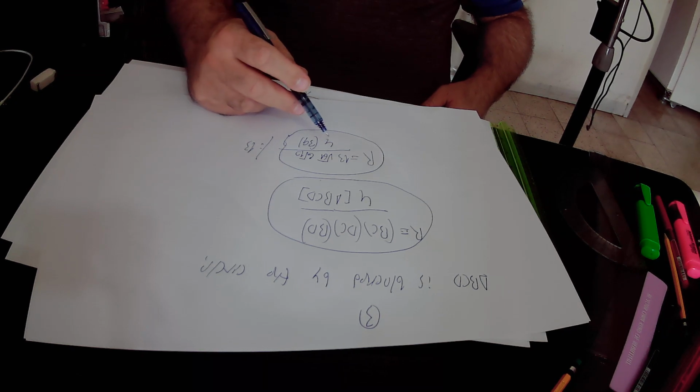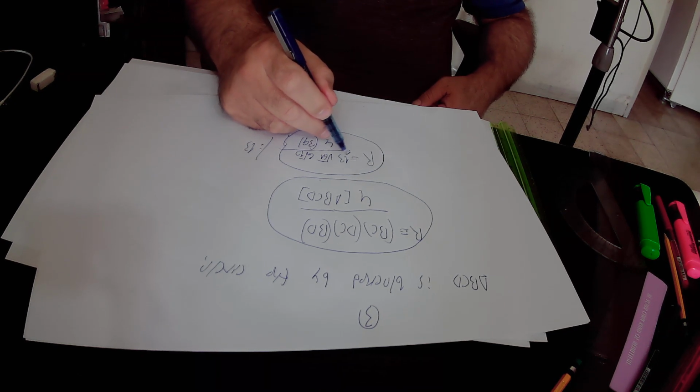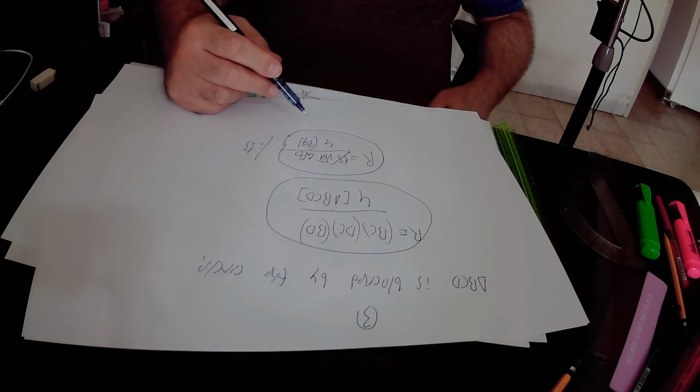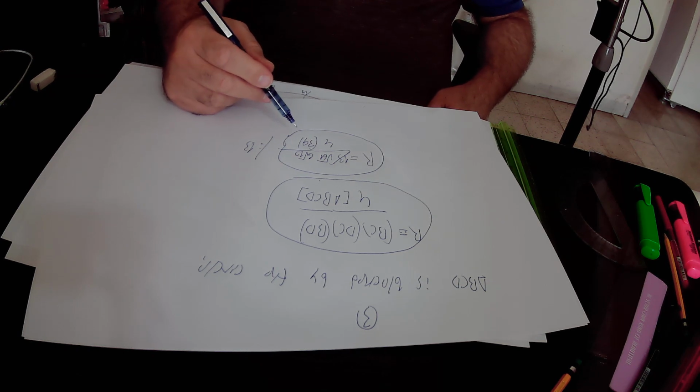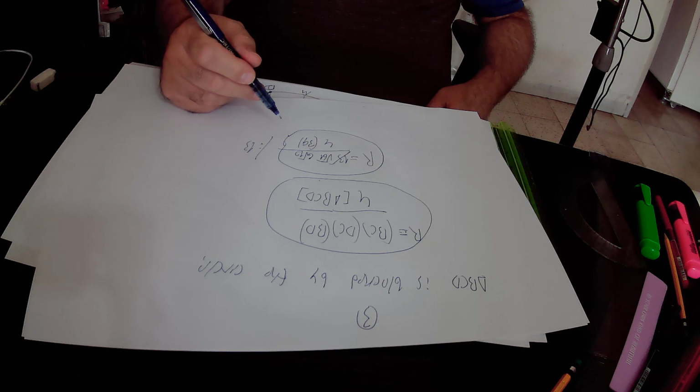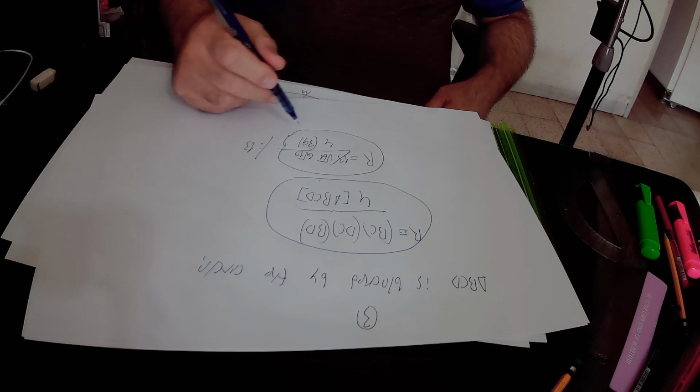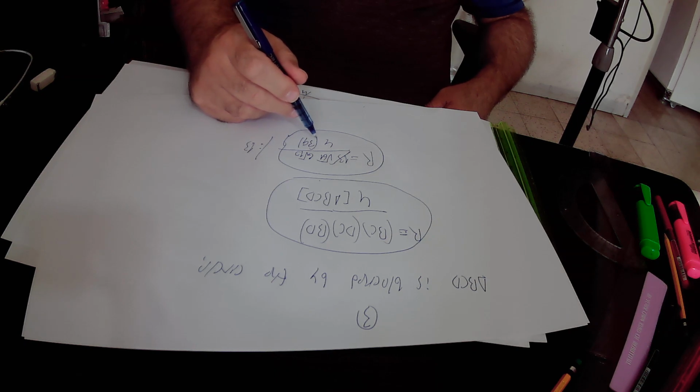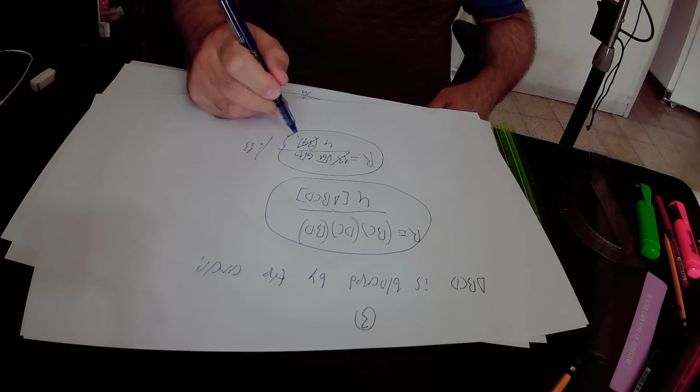So here we have 13 in the numerator, so 13 over 13 is 1, so 13 will get cancelled. In the denominator we have 4 times 39. So 39 over 13 is 3, so we'll cancel the 39 and write down 3 instead.